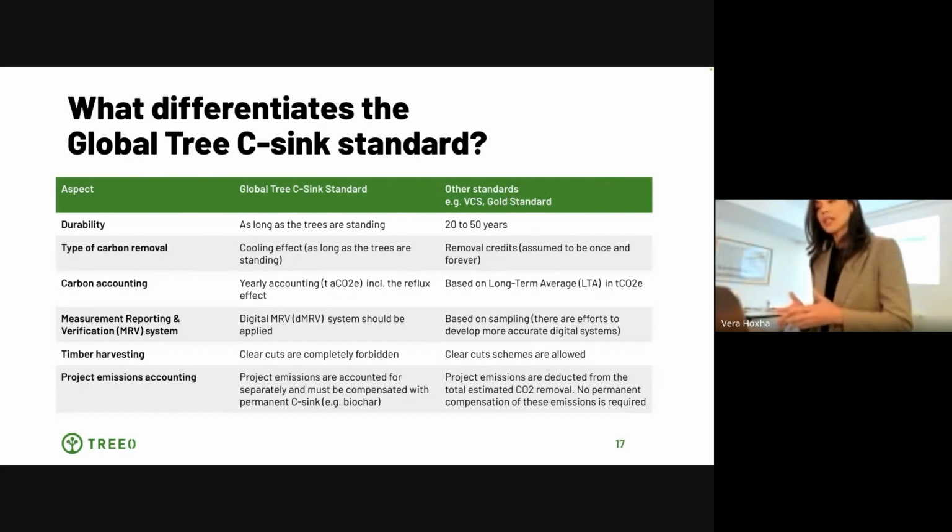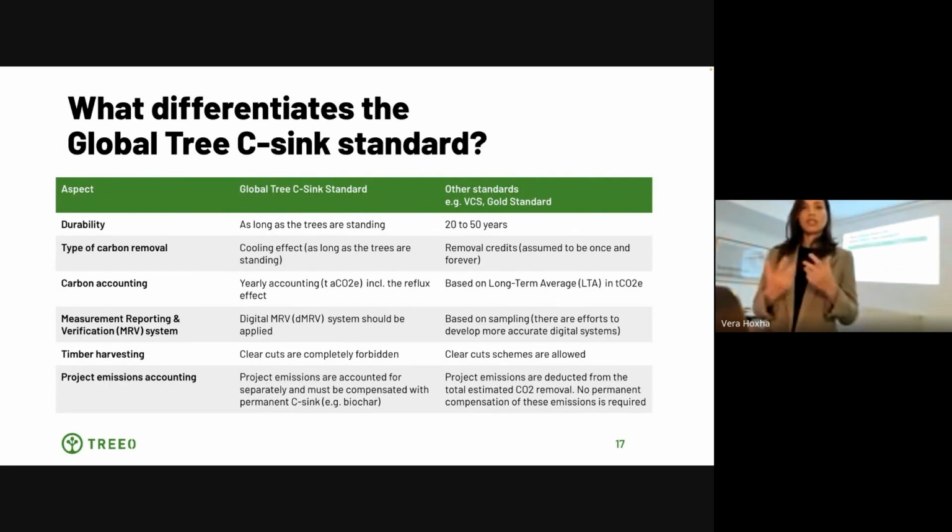However, for the other standards, there are claims about durability up to 50 years. This is how the projects are designed, without having the right mechanisms to make sure that this project will stay there for this period of time. The second point is the type of carbon removal we are talking about.